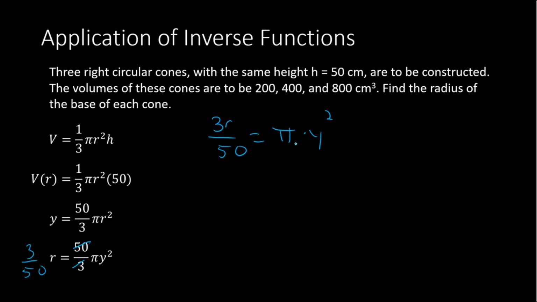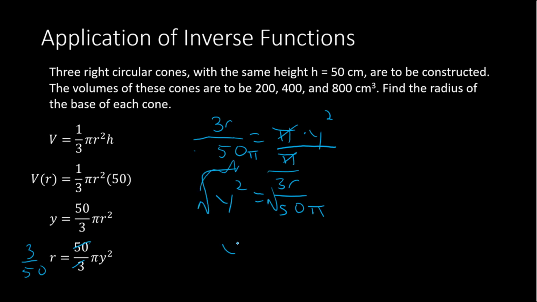And then to get rid of the pi, we divide both sides by pi. So dividing by pi is multiplying by 1 over pi, which is going to put pi down here in the denominator. So we now have y squared equals 3r over 50 pi. And then, to solve for y, take the square root of both sides. Now we have y equals the square root of 3r over 50 pi.